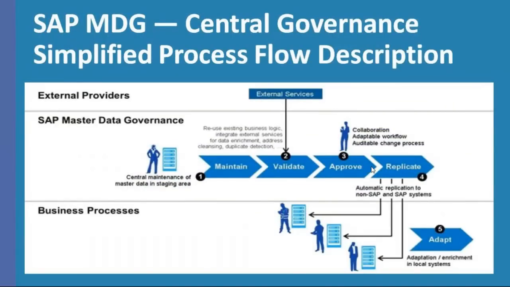SAP MDG Central Governance, simplified process flow description. As I mentioned, let's say I'm a requester. Being a requester, if I submit one request, that request will go to the next three to four people to get approval.